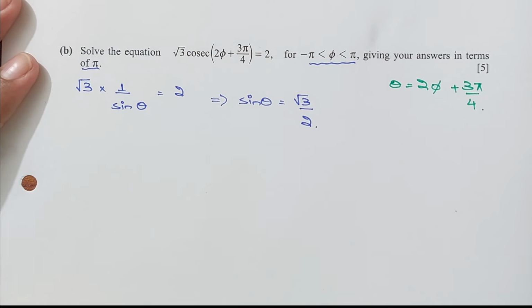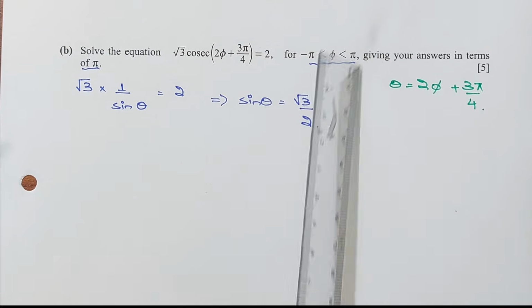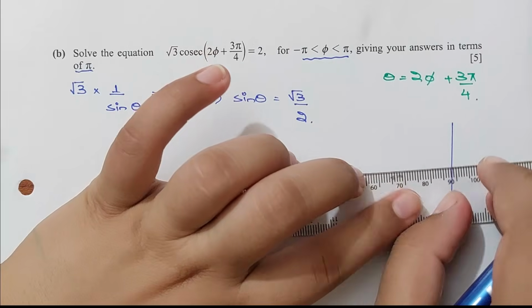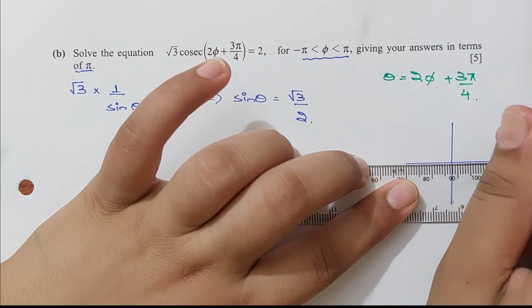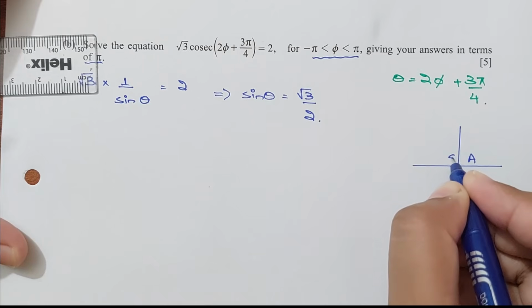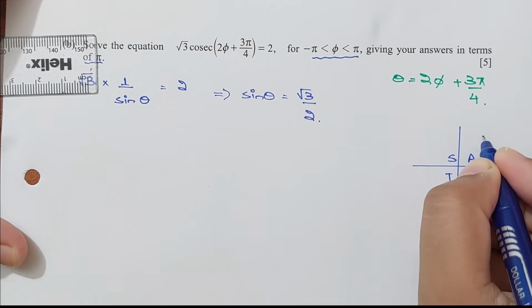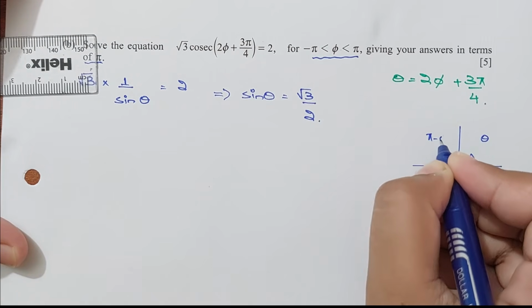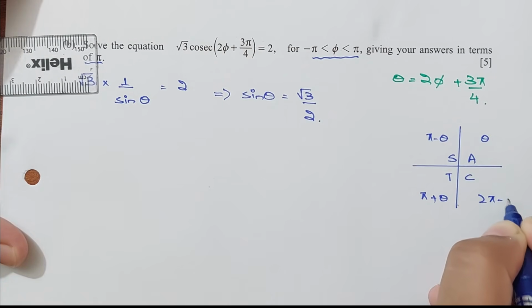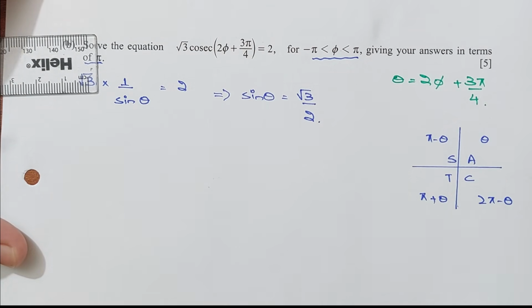So here sine is positive, so we can check in which quadrant sine is positive and simplify. Sine is positive in first and second quadrant. Let me draw it. Using the CAST rule, CAST, right? This is theta, pi minus theta, pi plus theta, 2 pi minus theta. Sine is positive in first and second quadrant, right?